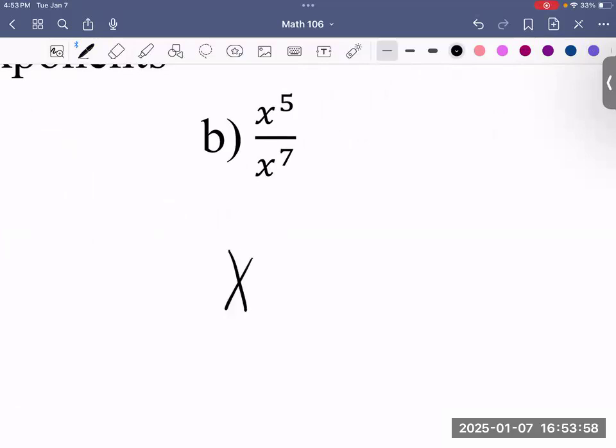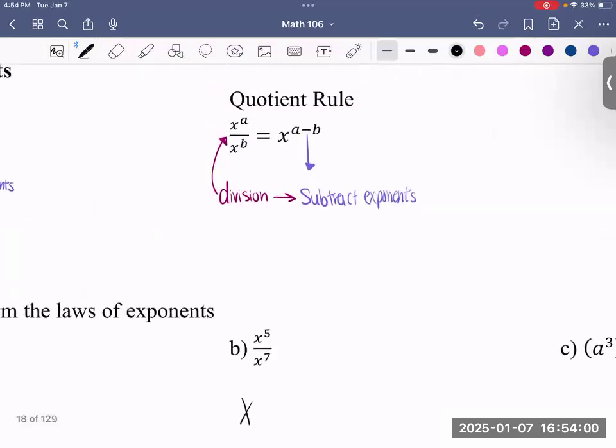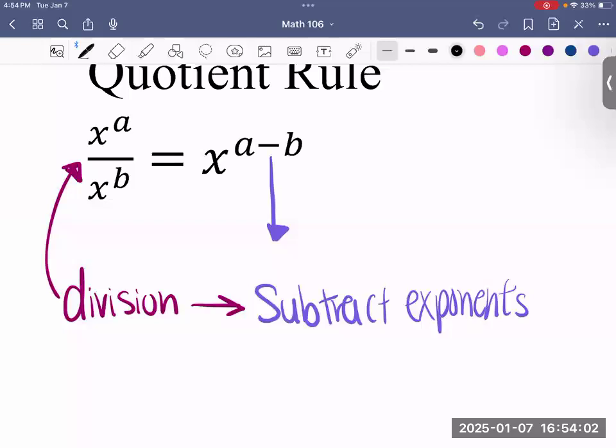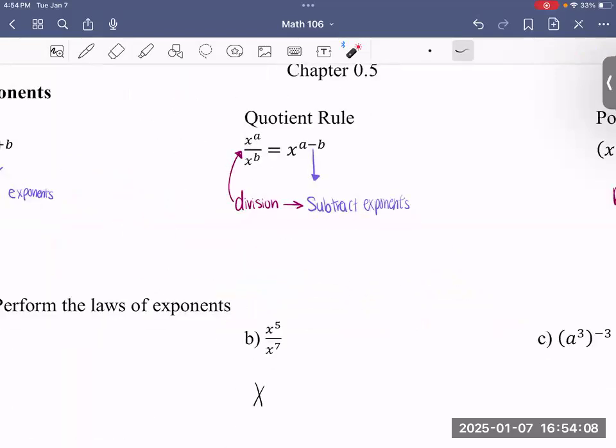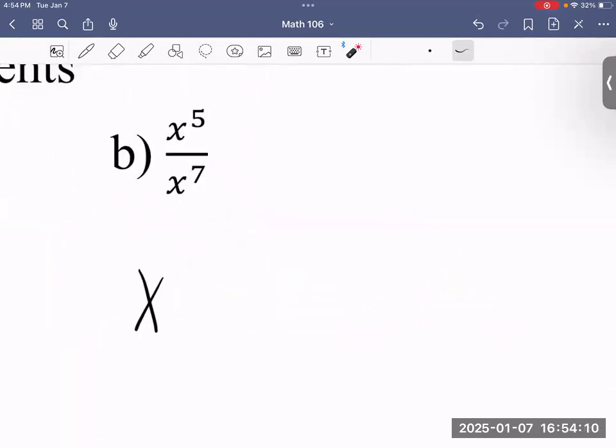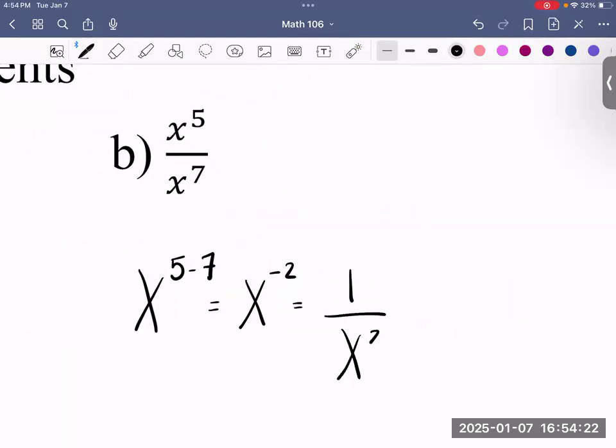Now we need to be strategic. B is doing the subtracting because it's on the bottom, meaning that we'll subtract 5 from 7. We'll end up with x to the negative 2, which we cannot have, right? We need a positive exponent, meaning that we're going to drop it down below.